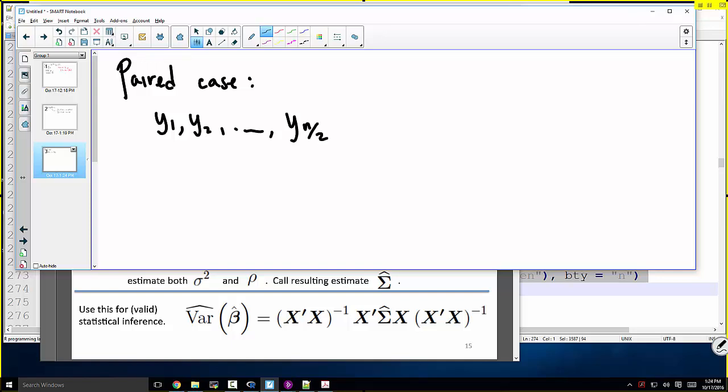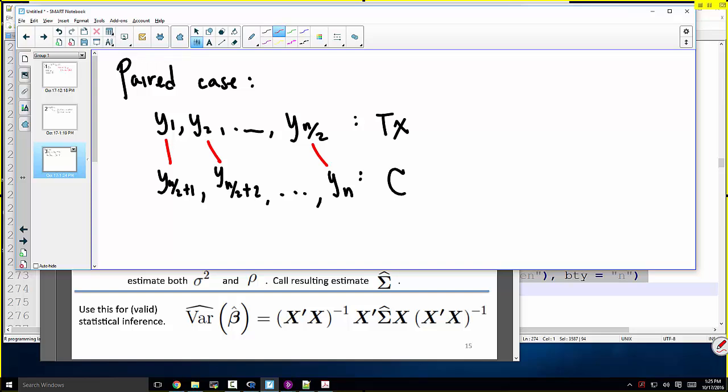Let's say these are the treated group, and then y n over 2 plus 1, y n over 2 plus 2, up to y n are the control group. And this is the same individual, that's the same individual, and that's the same individual. Paired data. Every individual measured both treatment and control.